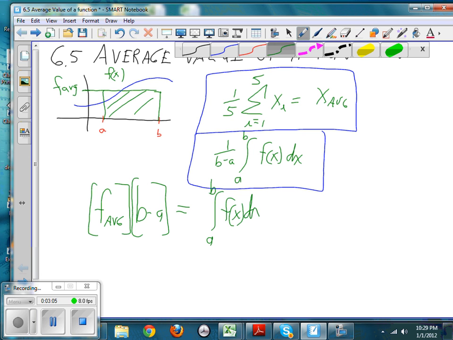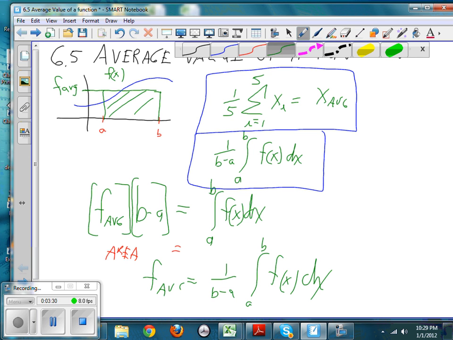So here's another way to remember it. These better be equal, right? Solving for that, f average is equal to 1 over b minus a times the integral from a to b of f of x dx. Okay, there you go. Easy thing to remember. Let's work some problems from the book, shall we? Maybe we'll remind ourselves how to integrate a bit.